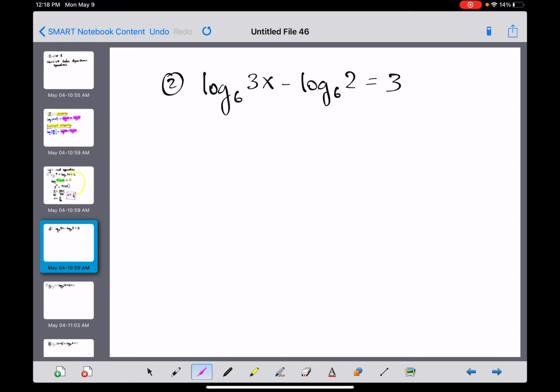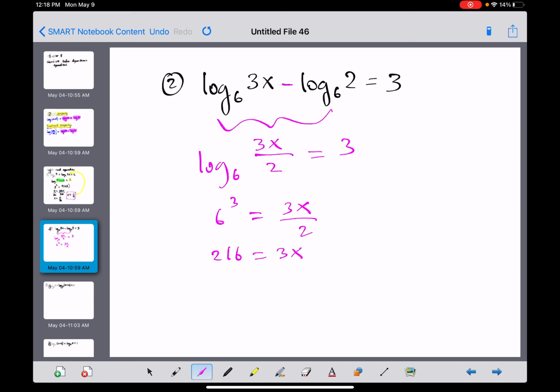Number 2, same thing. From the two logs, we want to make it into 1. So it's going to be log base 6 of 3x. Since it's a minus, we go down here at the bottom, it's a quotient, equals 3. So 6 to the third equals 3x over 2. So 6 to the third is 216, equal to 3x over 2.